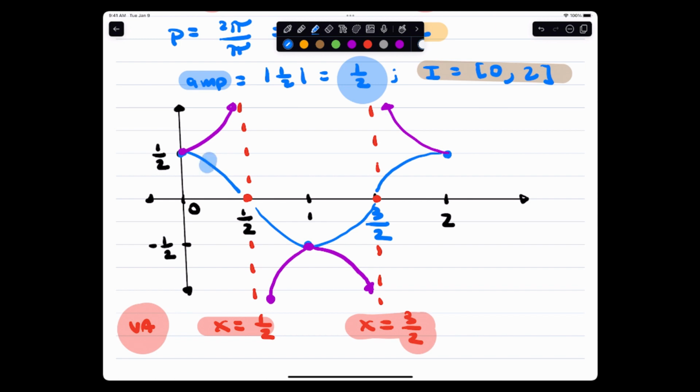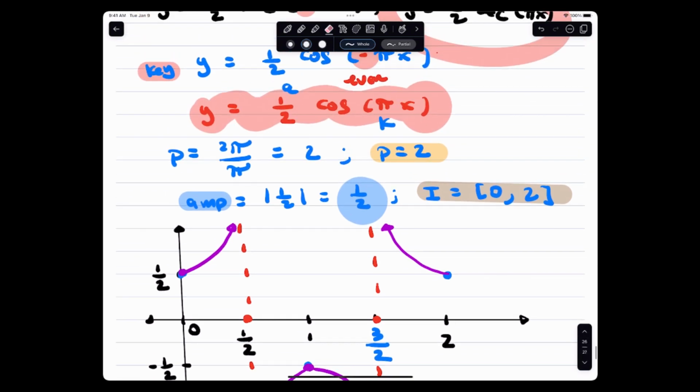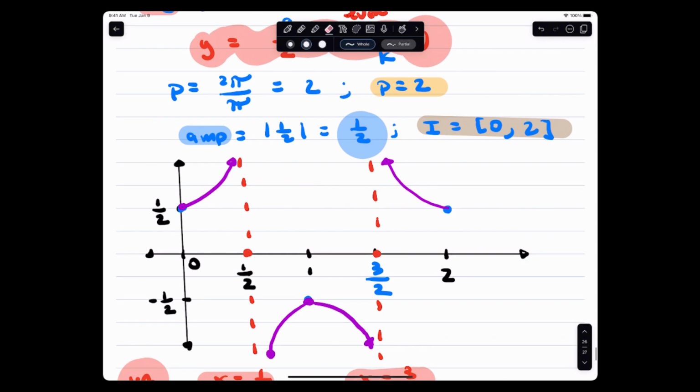And sometimes students will erase them. So it doesn't really matter. And that's pretty much it. You would probably just ask for the vertical asymptotes and sketch the curve. It'll probably be a question where you first have to graph cosine and then ask the student to graph the secant version as well.